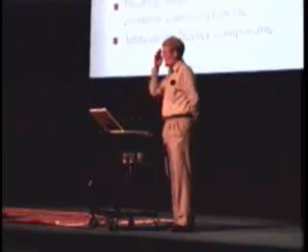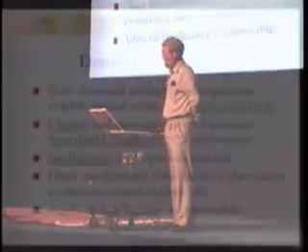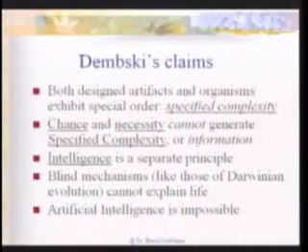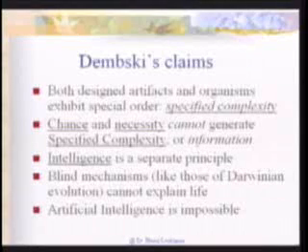Dembski's claims were publicized as both designed artifacts and organisms exhibit special order, specified complexity. Okay, remember those two concepts, specified complexity and irreducible complexity. And specified complexity doesn't apply just to artifacts that you see, things that we make, airplanes, a Boeing airplane, for example, or a car.